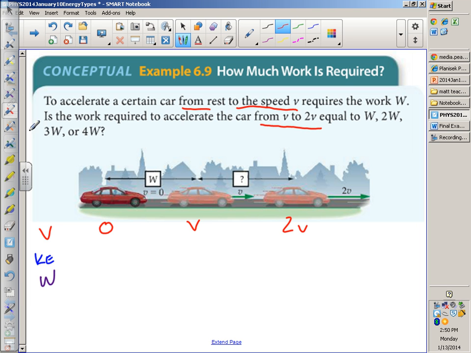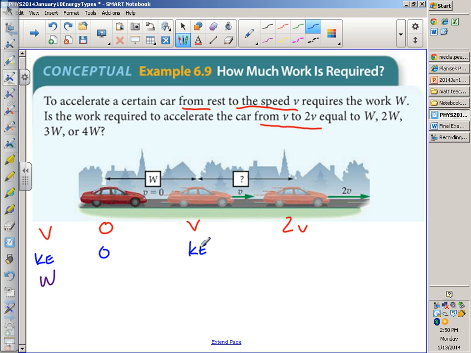If an object isn't moving, how much kinetic energy does it have? So that means this is going to be 0 here as well. It doesn't tell us anything about the mass or the velocity of this car, other than that it's going v. So let's just call it KE for kinetic energy.